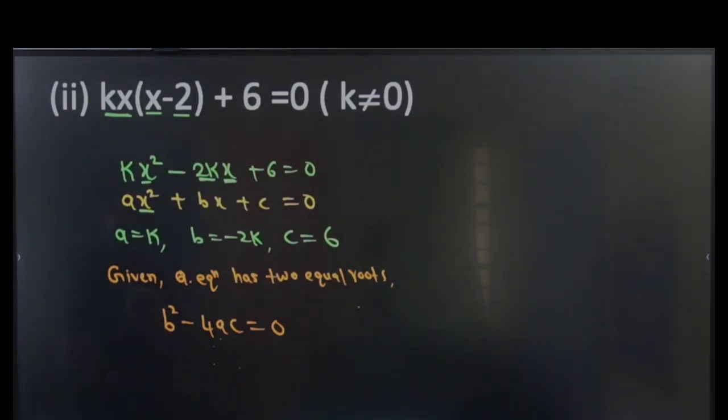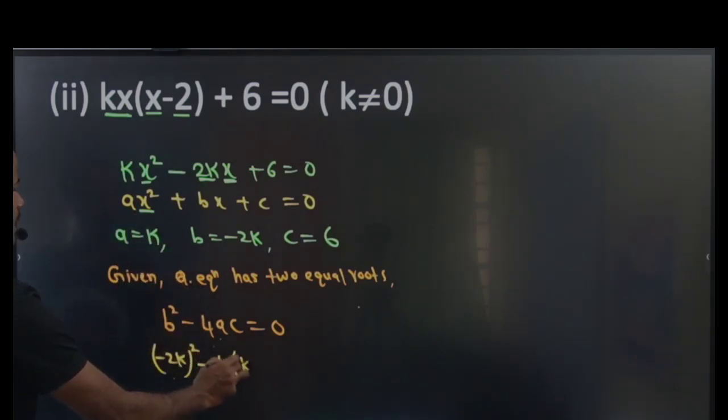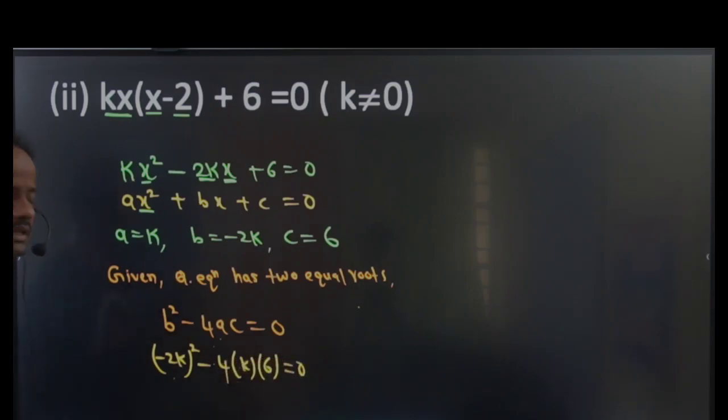Okay, b square minus 4ac equal to 0. Then you substitute the values: b is minus 2k, whole square, minus 4 into a value, which is k, and c value is 6, which is equal to 0.